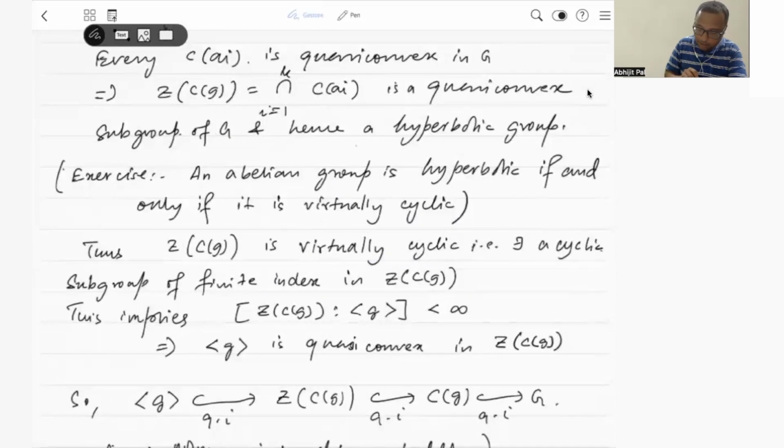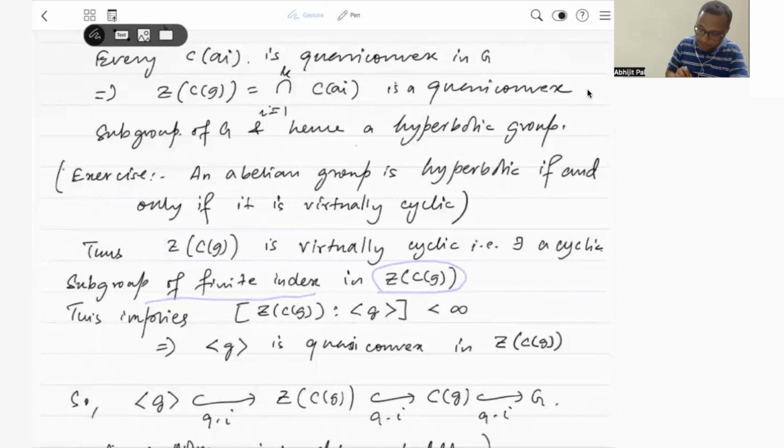Therefore, this group is an abelian group, and we have proved that it is hyperbolic, so from this exercise it is a virtually cyclic group. That is, there exists a cyclic subgroup of finite index in the center of the centralizer.